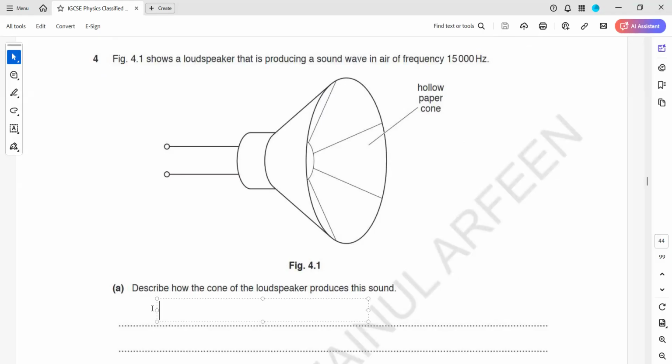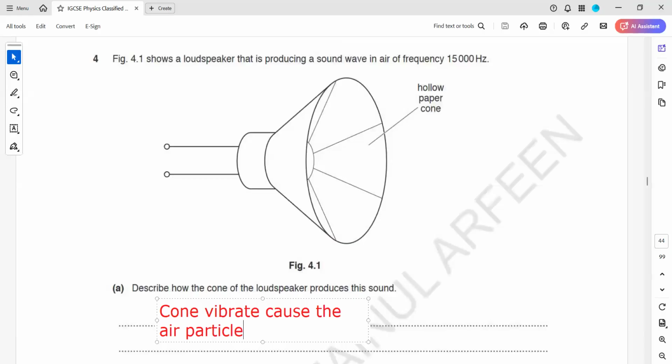The cone vibrates, causing the air particles nearby to vibrate and produce a series of compressions and rarefactions.